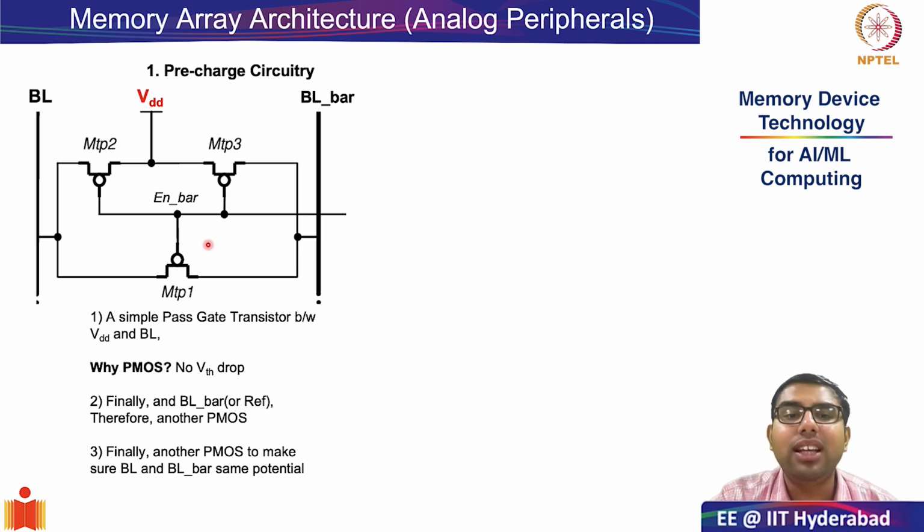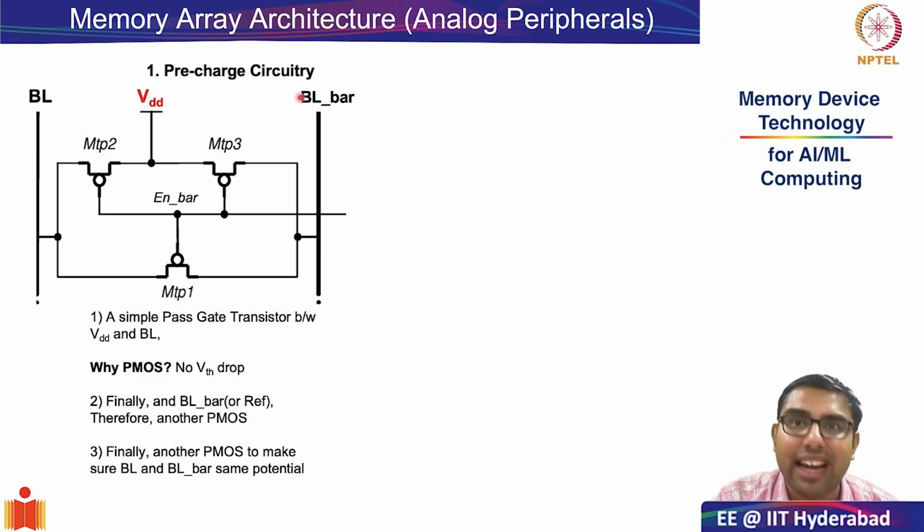The rationale for adding this transistor could be understood by considering a very simple example. Suppose we have two buckets, bit line and bit line bar, which we are trying to fill from a water tank called VDD. And P2 and P3 are two pipes connected from the tank to the buckets. If the P2 pipe is slightly fatter than P3, it is but natural to expect that the bit line bucket will fill faster than bit line bar.